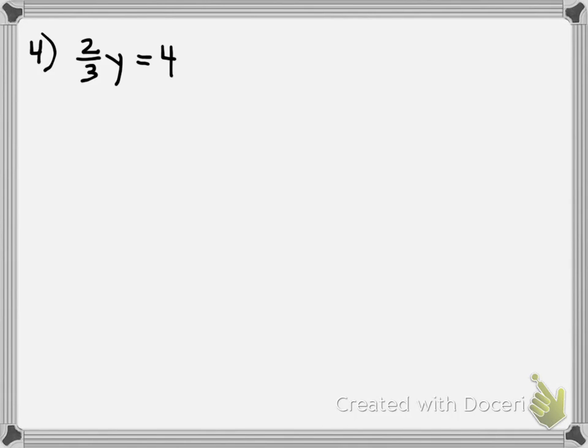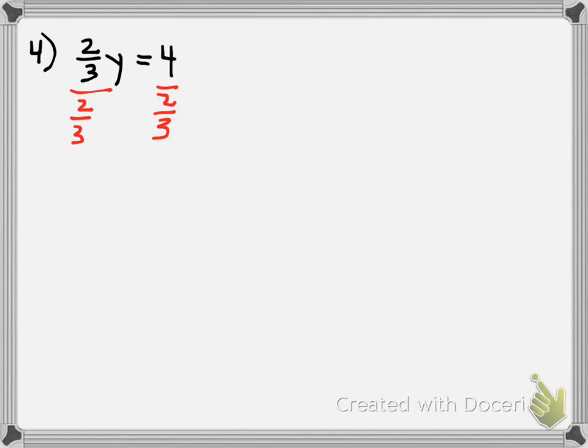What math is going on between the 2/3 and the y? Well, you could technically say y is being multiplied by 2/3. So the opposite of multiplying would be dividing. But that brings up this problem where now I have a fraction and a fraction. That's where we get a problem.